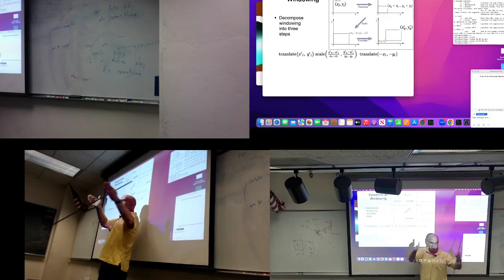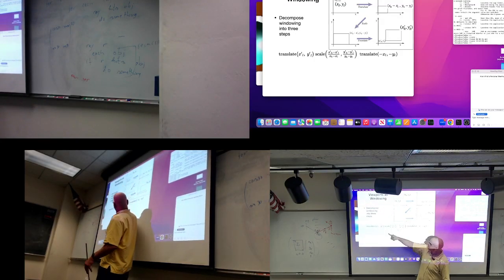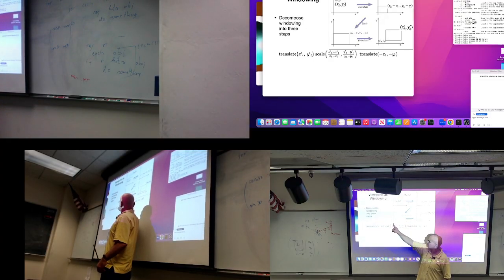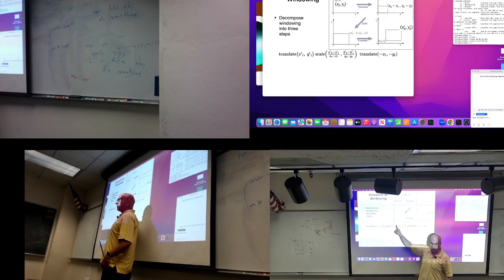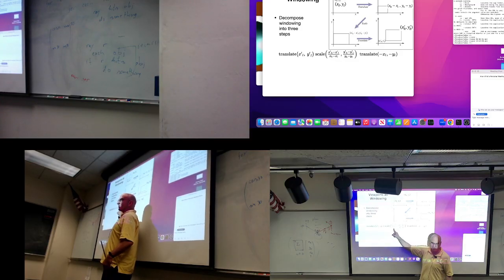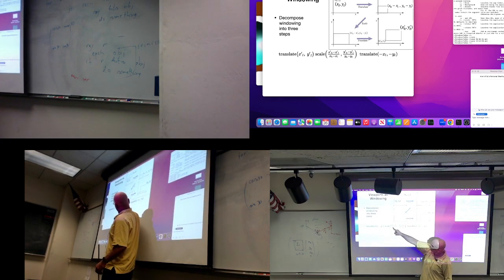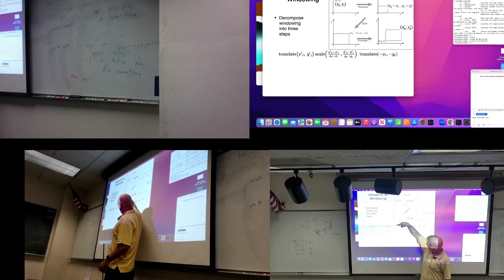If I want to enlarge it by 2, then the width of the new rectangle should be twice the width of the old rectangle. Here is the width of the old rectangle, x high minus x low. In the numerator is the width of the new rectangle.